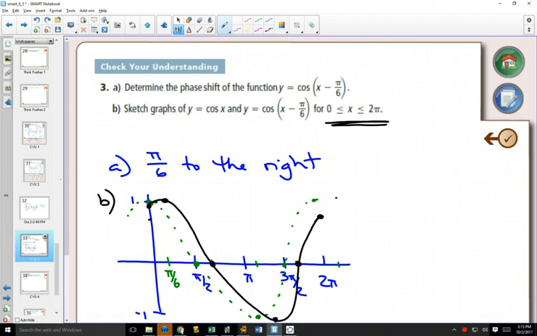So they're just wanting you to graph a small section of it. And sometimes what's helpful is to graph more of it and do exactly what we did here, is that once you've got too much, you could erase what you don't need.